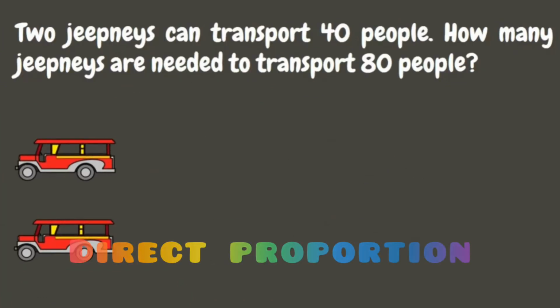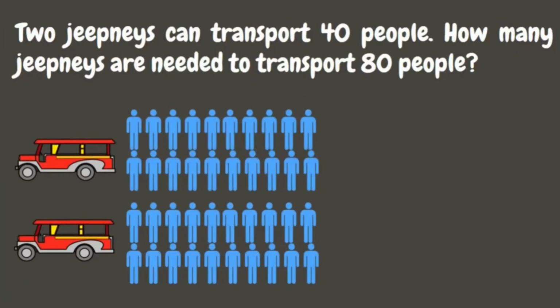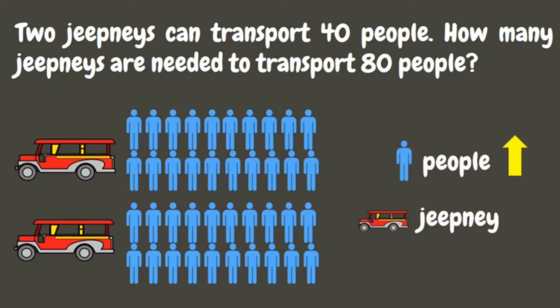First, let's look at direct proportion. For example, 2 big cars can transport 40 people. How many big cars are needed to transport 80 people? Take note that the 2 quantities here are the number of jeeps and the number of people.